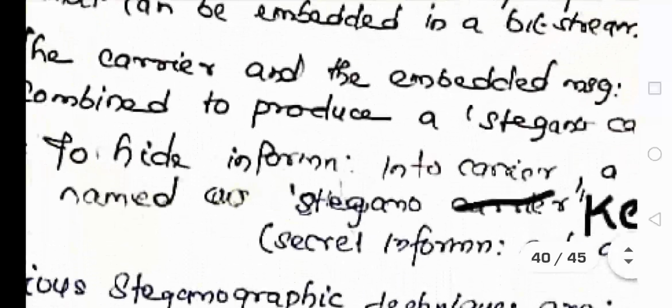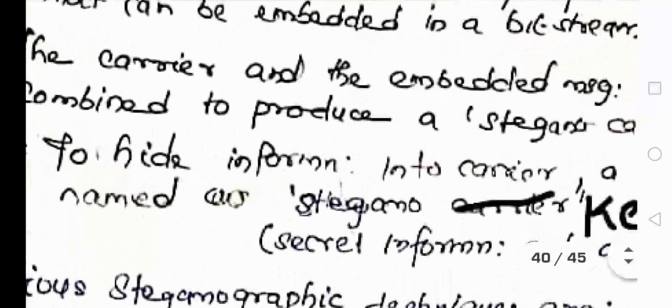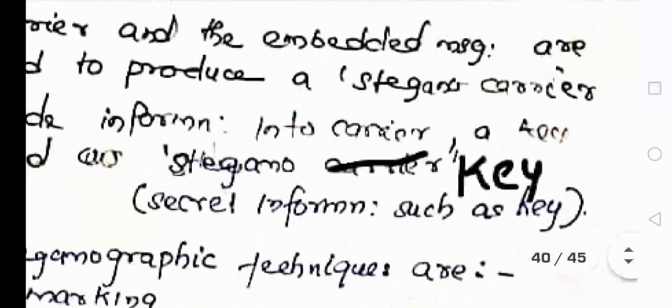Another thing I want to tell you is about the carrier and the embedded message. There will be a message which is hidden behind any other message. So there is a carrier message and the embedded message. The carrier, which carries the embedded message, is called the signal carrier, and the key by which we keep these messages secured is called the signal key.